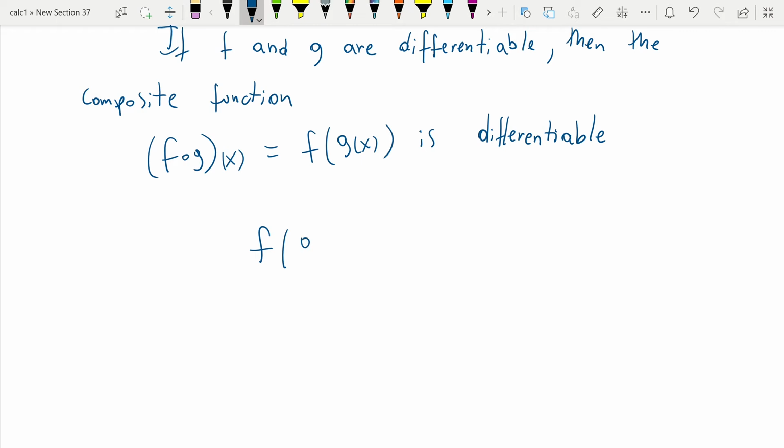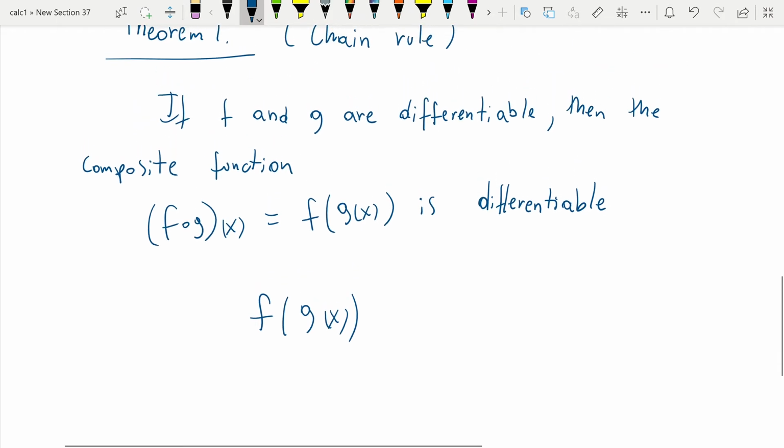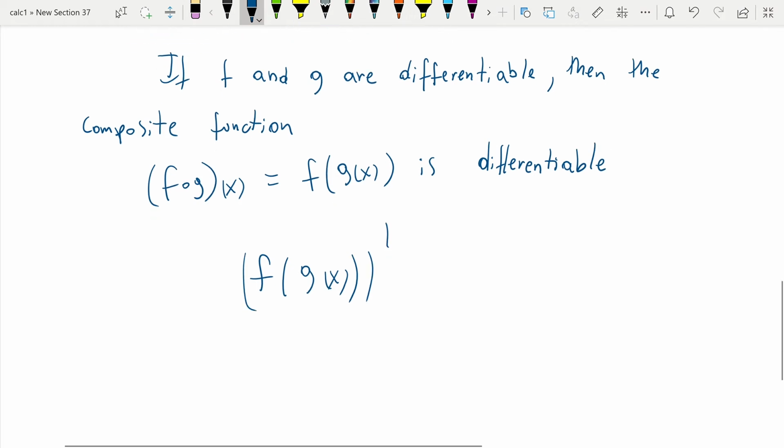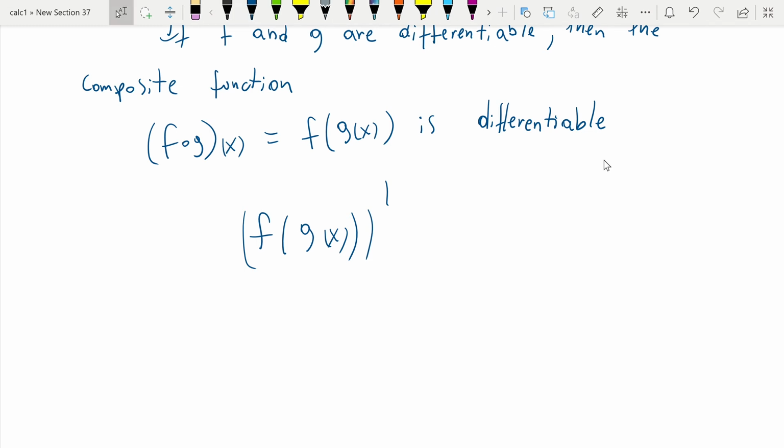Okay, so this means, just by knowing that two functions f and g are differentiable, whenever you consider the composite function, it's going to be differentiable. But most importantly, this is what the rule is about. It tells you how to compute the derivative of this composite function in terms of the derivatives of f and g.